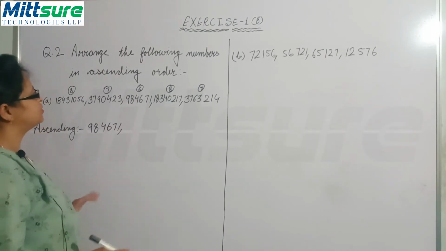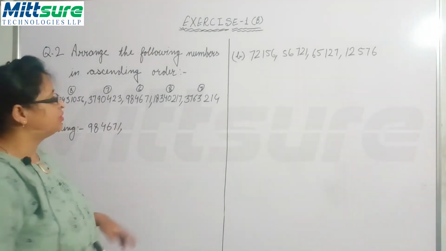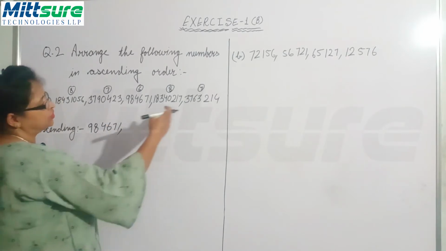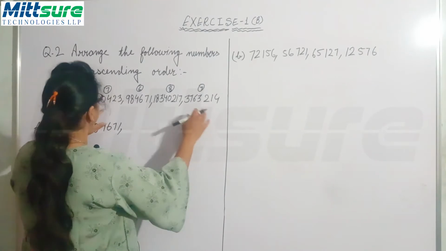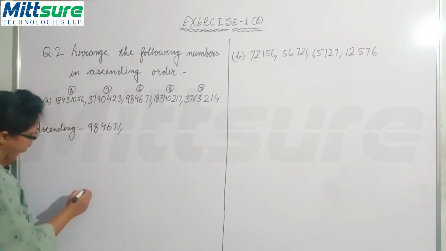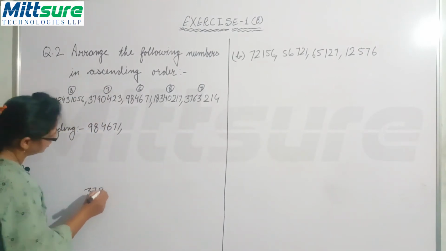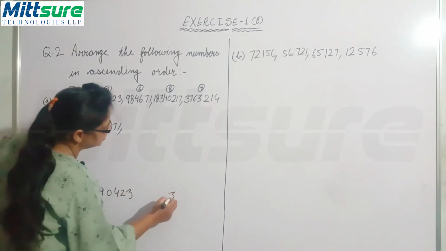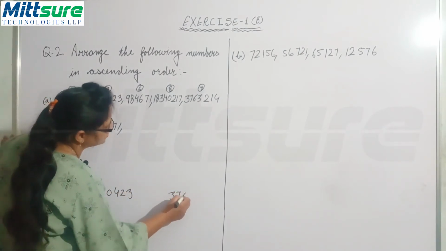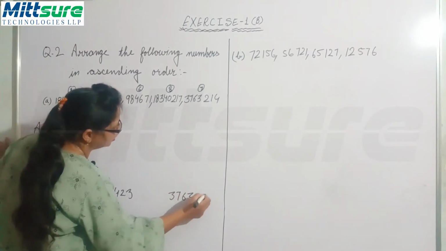Now we have to find the number greater than this number. We have to go to the 7 digit numbers. These are the 7 digit numbers. If we compare this number, 379042 and 3763,214.